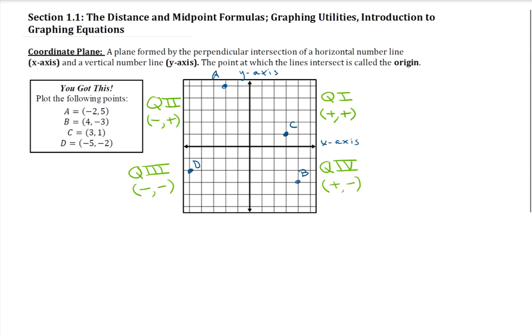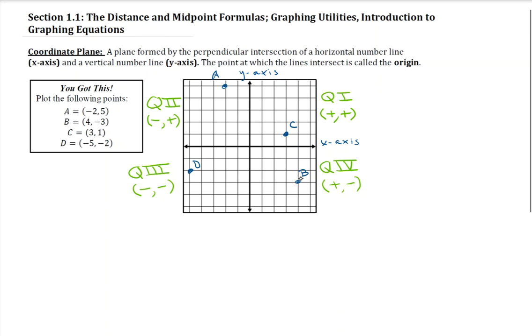So let's see if all that lines up. The point A, -2, 5. Point A is right here, which happens to be in Quadrant 2, and you'll notice that its x-coordinate is negative and its y-coordinate is positive. Point B is 4, -3, and point B wound up being in Quadrant 4, and 4 is a positive number and -3 is a negative number, so that's lining up, which is good.